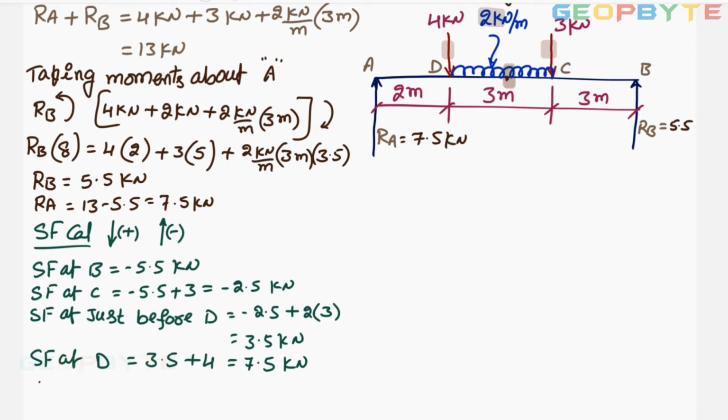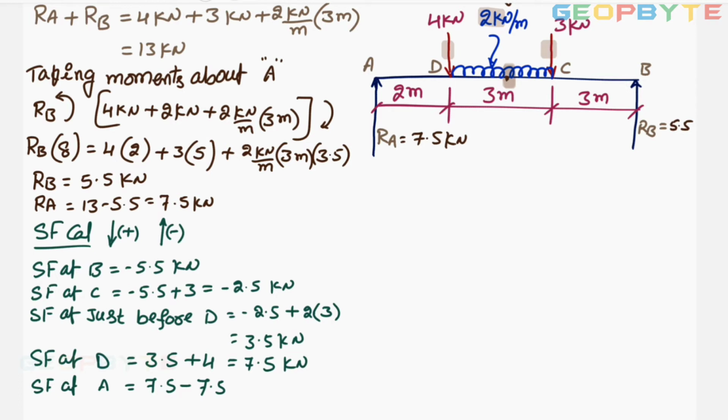Now look at the SF at A. SF at A equal to 7.5 minus 7.5. Why it is minus, my dear students? The load at A, that is the reaction, is upward force.